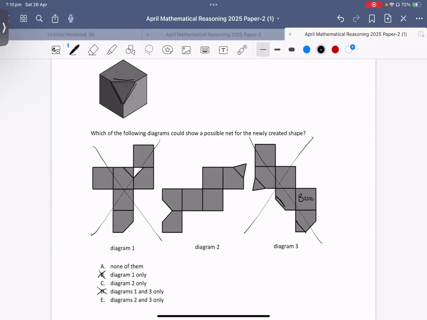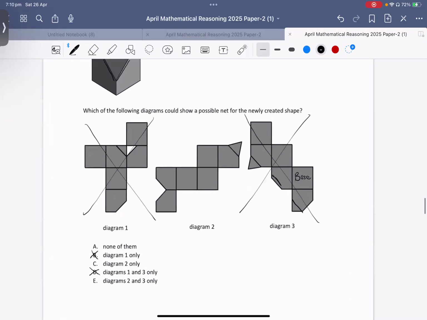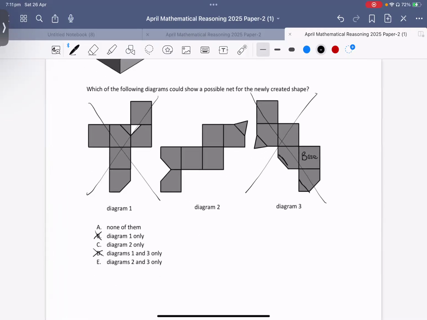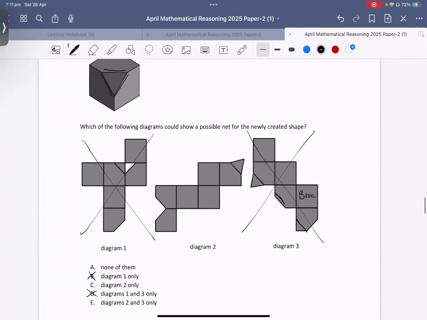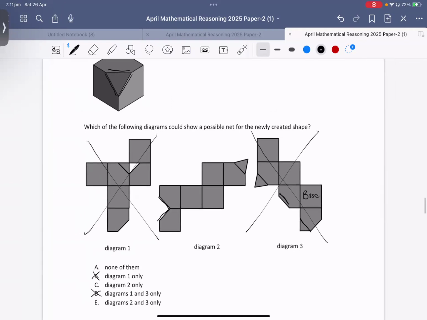Okay, does that make sense to everyone so far? Hopefully. If we have a look at diagram 2, can you see that these two edges are touching each other like we want? We like that. Okay, that's a good start. Let's now check whether this is really going to work. Let's say that this is the very bottom of the triangle, right?